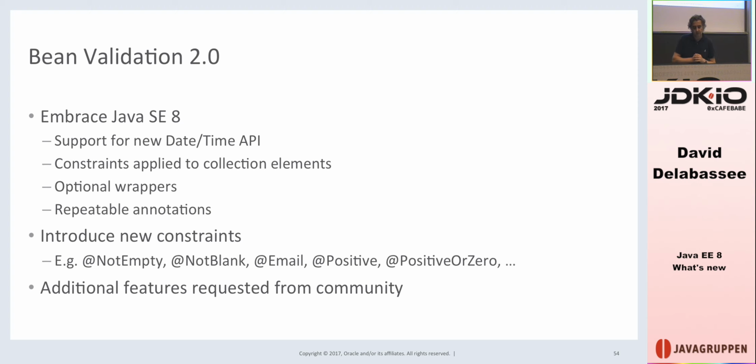So those are part of Bean Validation 2, and then the EG is also working on adding support for new constraints: not empty, not blank, email, positive, positive or zero, negative, and negative or zero. That's it? Yeah. And for example, they had some interesting discussion, like positive.